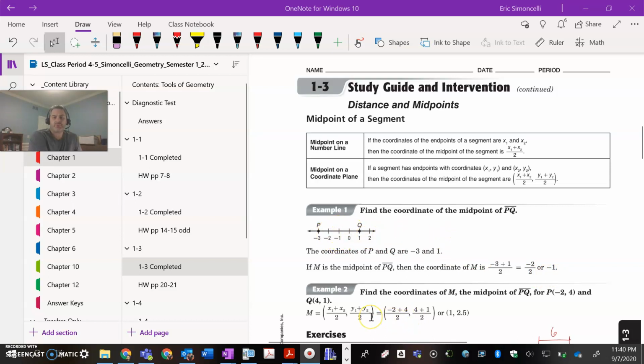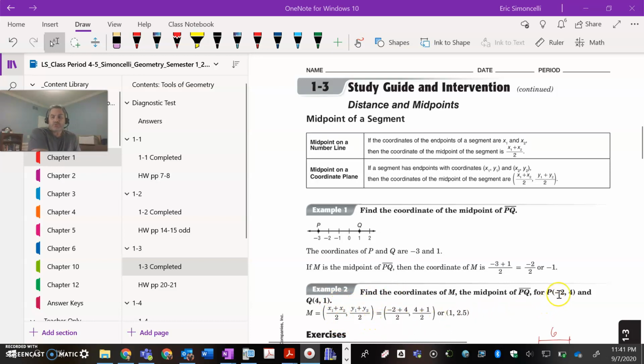For example 2, and no, this one is not graphed. If you ever want to graph to get a better perspective on midpoints, and certainly from the prior page on distances, I encourage that. For this problem I won't do that, but it says find the coordinates of M, the midpoint again, but of PQ such that this is one point and this is another. According to the formula up above, we'll add the x coordinates divided by 2. We'll add the y coordinates divided by 2.